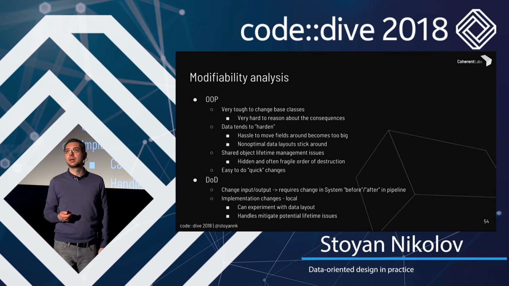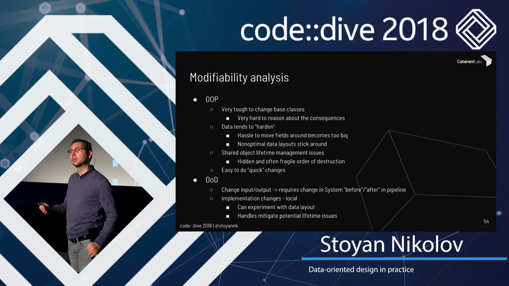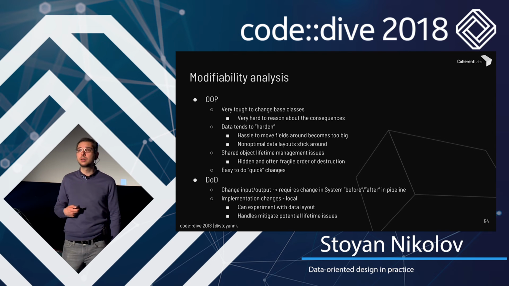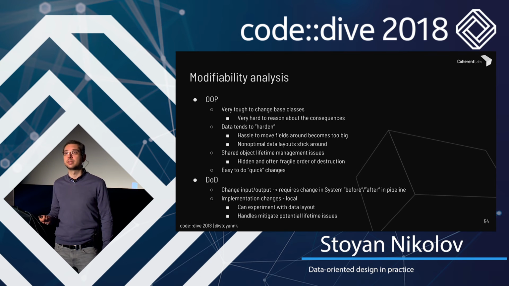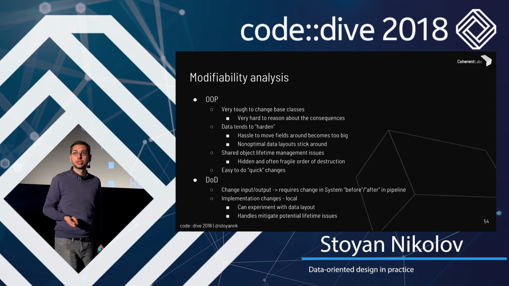So you have to be very careful. But here it's a bit of, if you take your time and really keep your data-oriented design pure, you in the end have a better time, obviously. But that can be true for object-oriented programming as well.